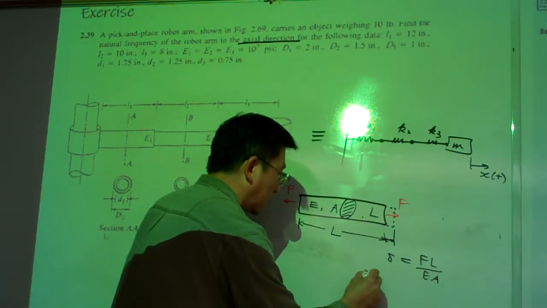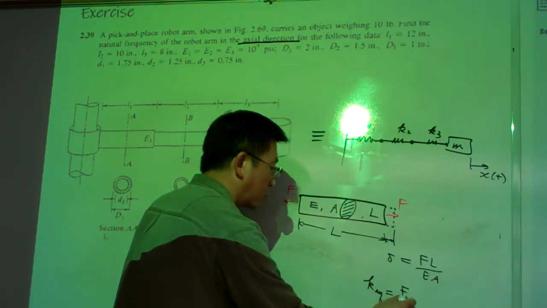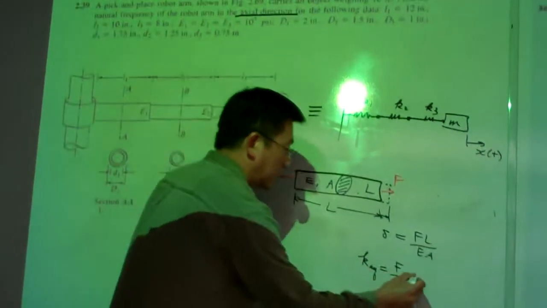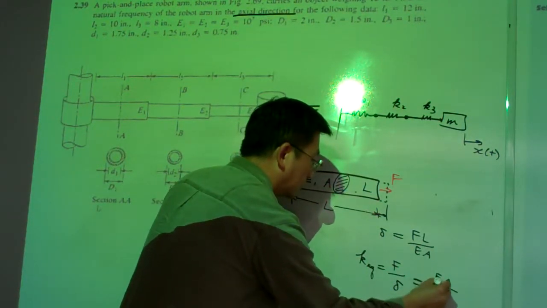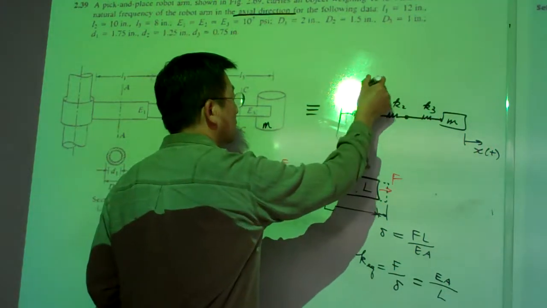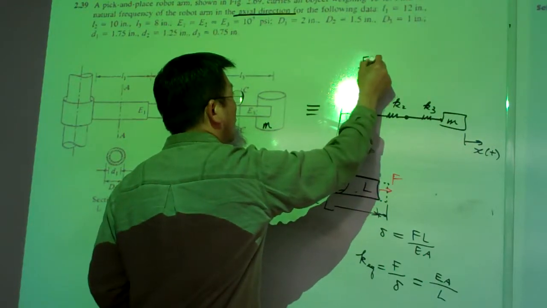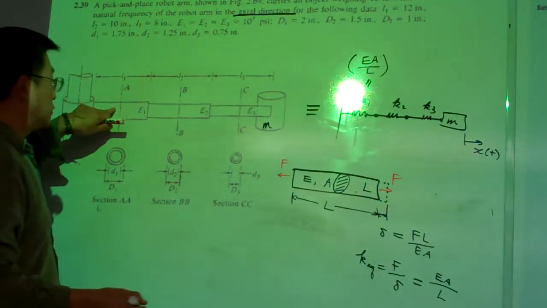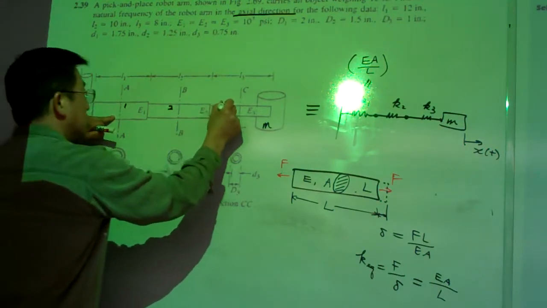Therefore, the KEQ for this case is defined as the load divided by the corresponding displacement, and that is equal to EA over L. So that means K1 is equal to EA over L for shaft number 1. Let me call this shaft number 1, this number 2, this number 3.